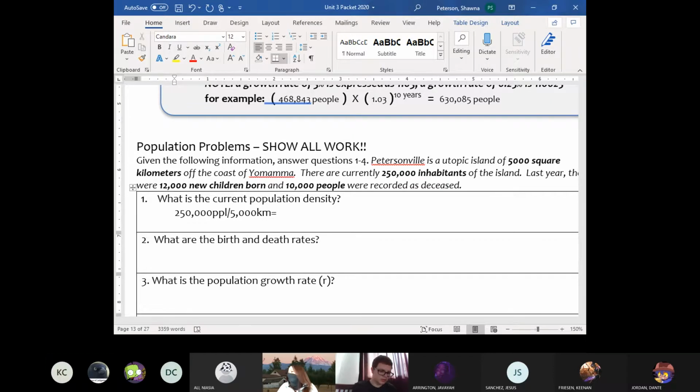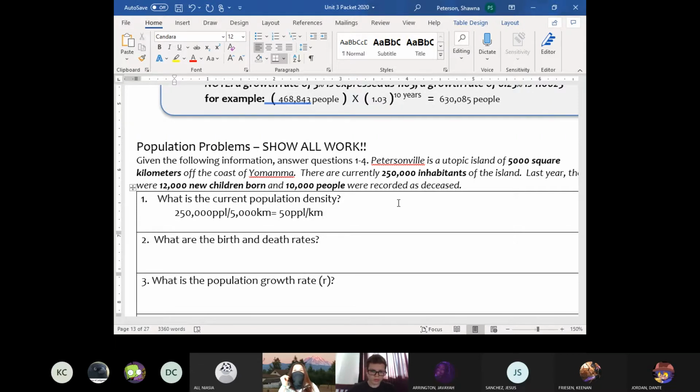Okay. I got 50. Good. Nice round 50. So 50 people per kilometer.